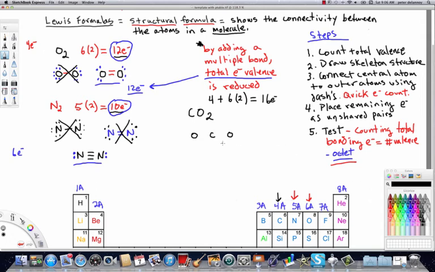Following the rules, we go ahead and bond the atoms. And then we need to put in unshared pairs as the next step. So I'm going to do that, starting on the central atom and moving out, making sure I have 8 on every single atom.